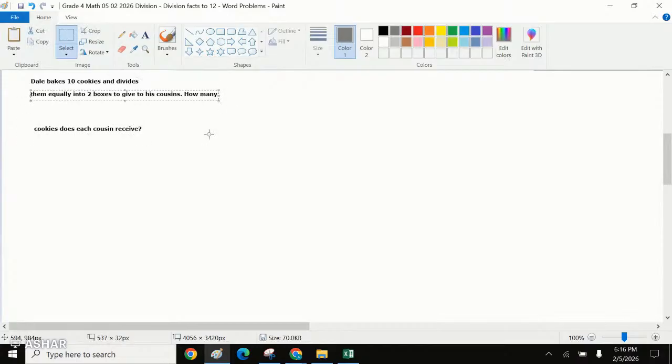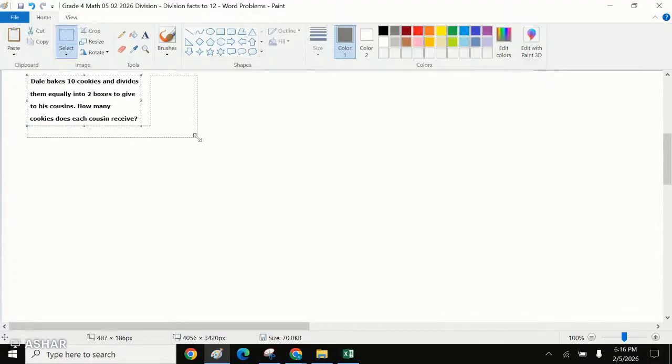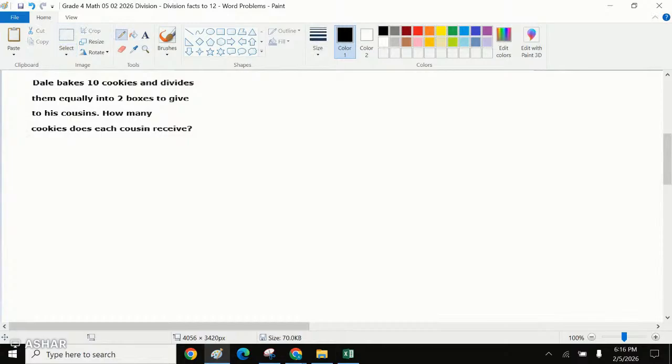Dale bakes 10 cookies and divides them equally into 2 boxes to give to her cousin, right? To his cousin. So we have 10 cookies, 2 boxes. How many cookies does each cousin receive?